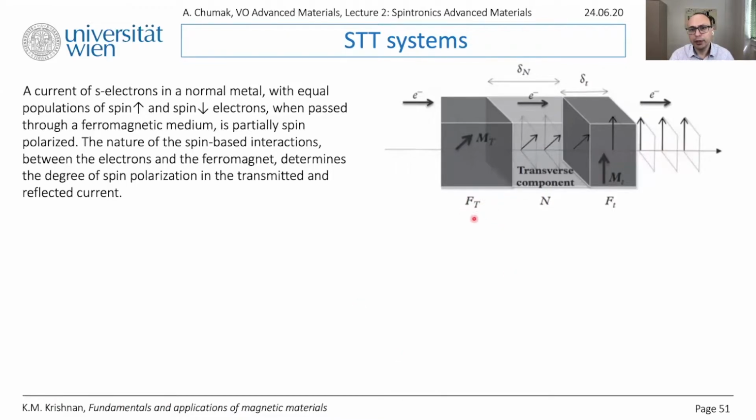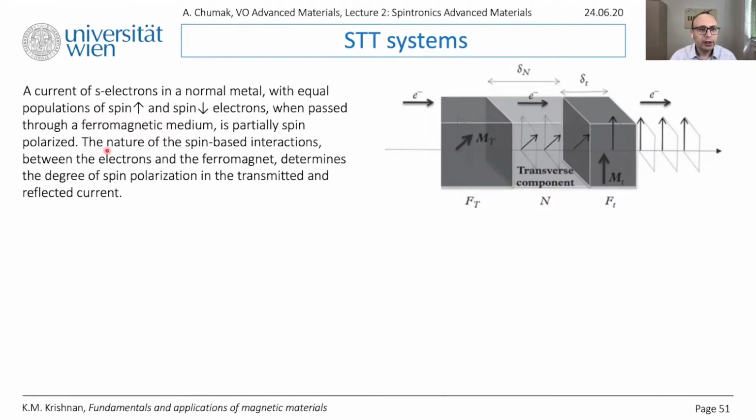So there are two magnetic layers with different magnetization orientation, separated by a non-magnetic spacer. And as the current of s electrons in the normal metal flows with equal polarization of spin up and spin down electrons, when it passes through the ferromagnetic media, so this one, it's getting partially spin polarized.